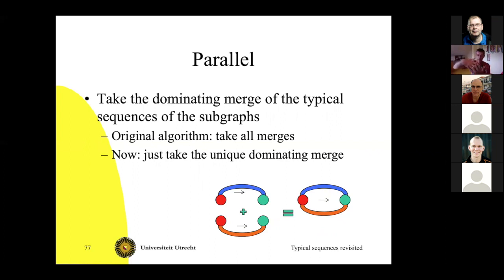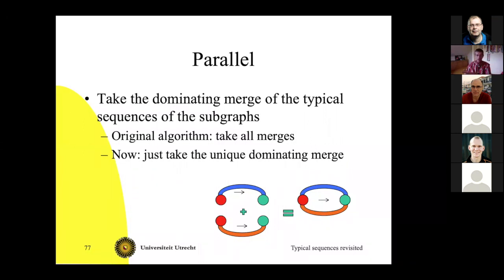Now for parallel, there we are going to use our lemma. Basically what we have is two typical sequences, and any solution is such that the top part has a sequence of vertices, the lower part has a sequence of vertices, and somehow these are merged, like in a merge sort step. What happens to the sizes of the cuts is precisely a merge of these numbers, as we defined before.